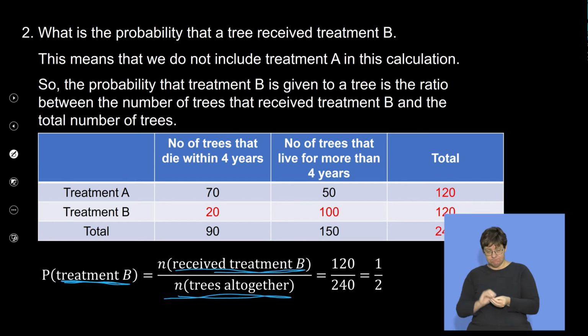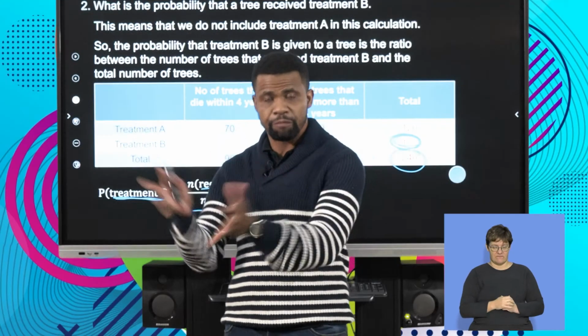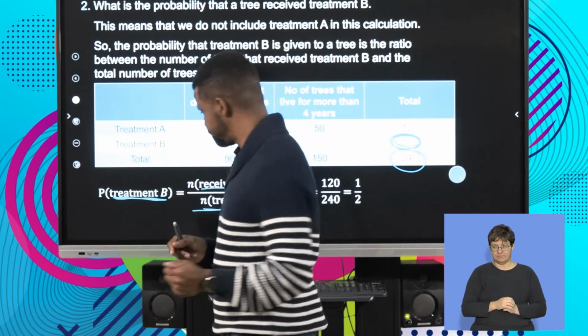So treatment B is 120 trees. The total altogether is 240. So we go 120 divided by 240. We get a half, which is 0.5, 50% altogether.